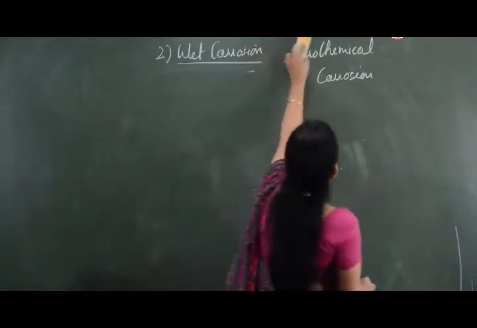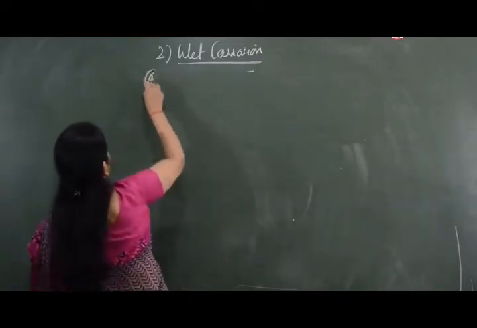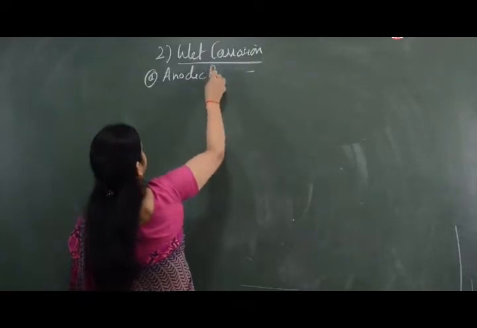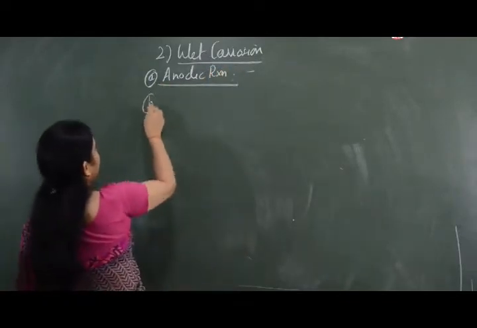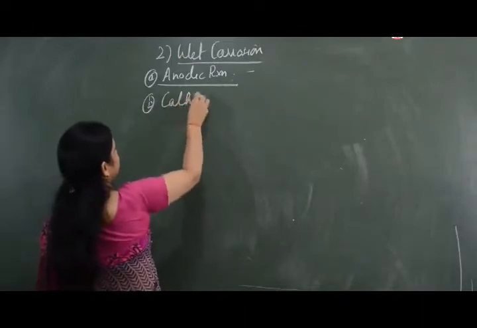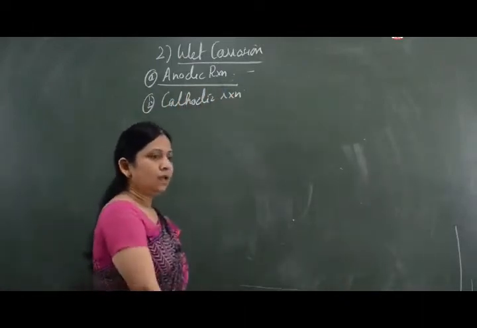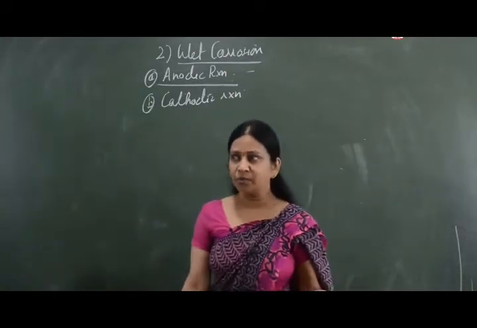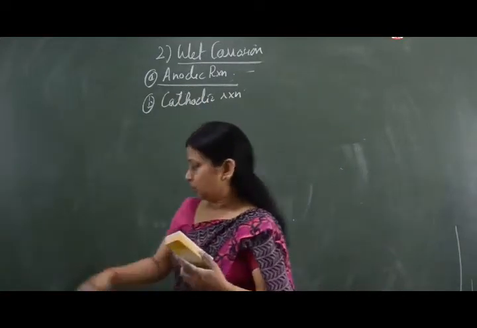So if we talk about wet corrosion, here we have two reactions. One is the anodic reaction and the other one is the cathodic reaction. At anode we are going to have oxidation, as we have already done in electrochemistry, and at cathode we will have reduction.